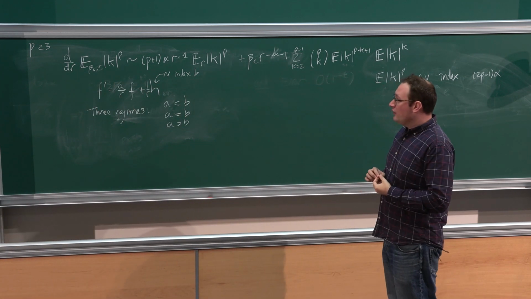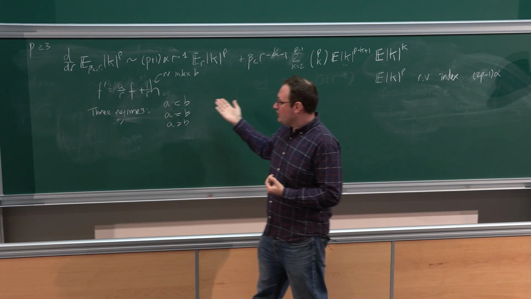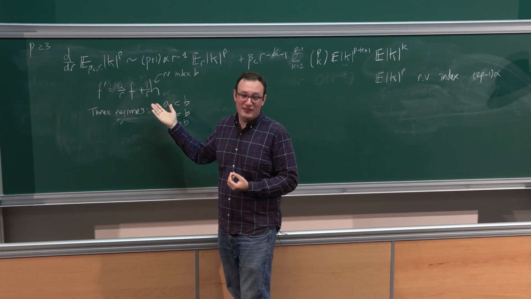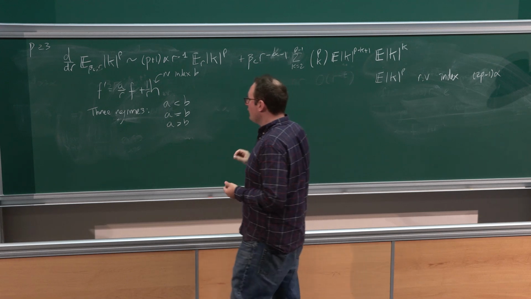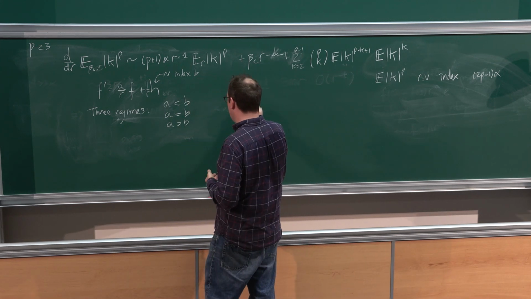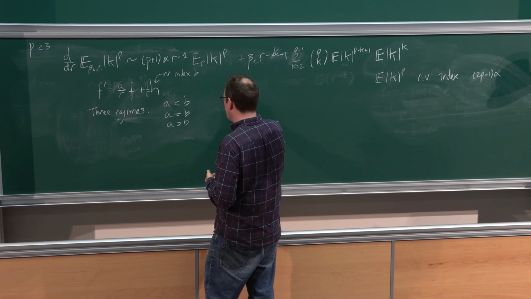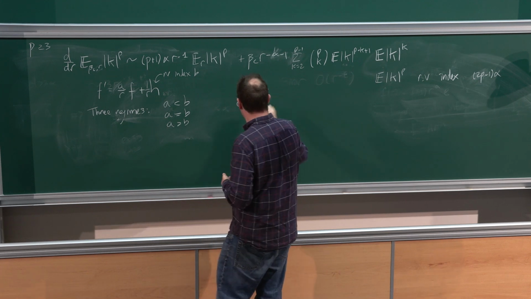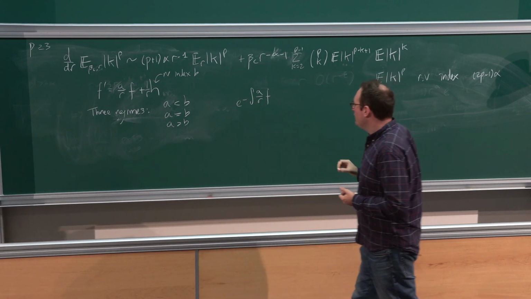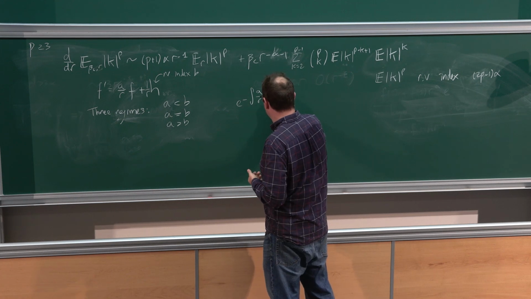Okay, so if you look at this, it's actually just a first order linear ODE. So you can solve it with the integrating factor, right? So if you take e to the minus a over r f, sorry, times f.